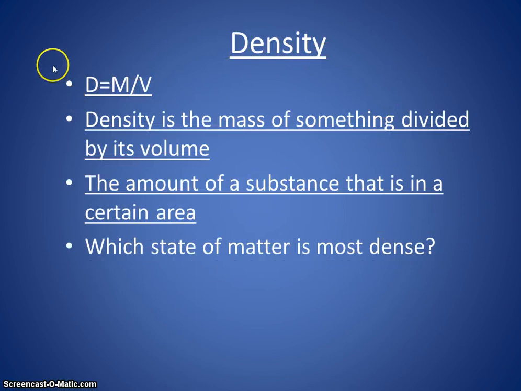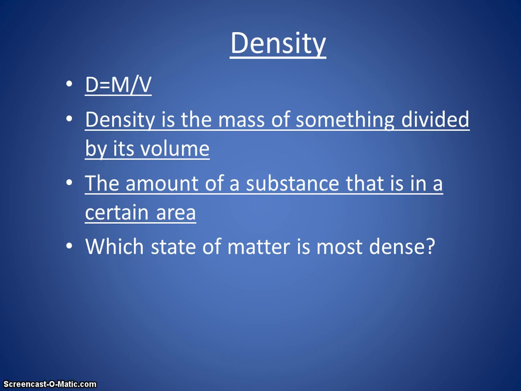Density is an interesting concept. It's an interesting physical part of matter. The density of something is the amount of stuff essentially that is in a certain area. We might talk about a densely populated city such as New York, whereas there's other cities that are not densely populated, such as something in Montana might not be densely populated.